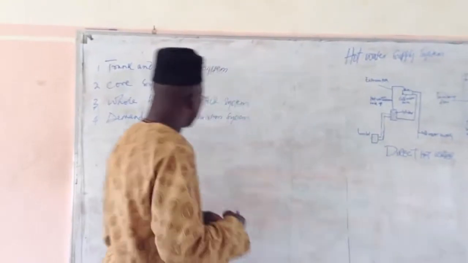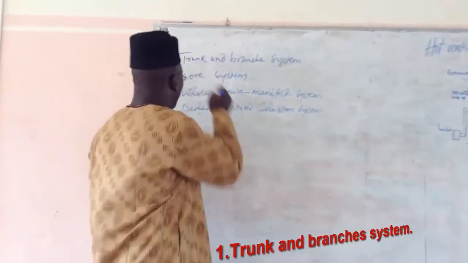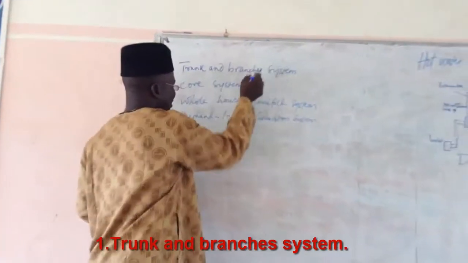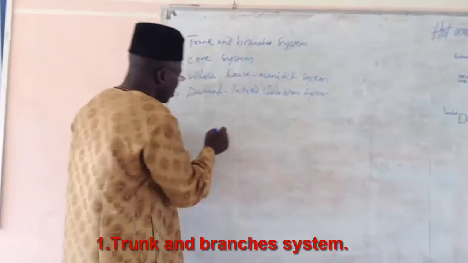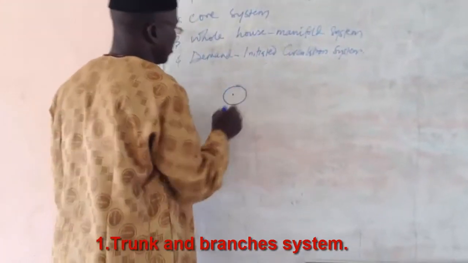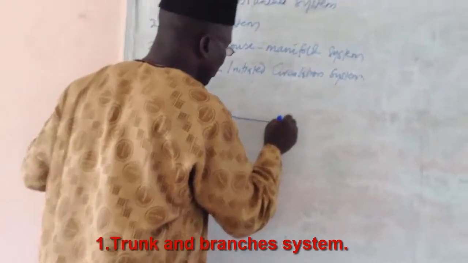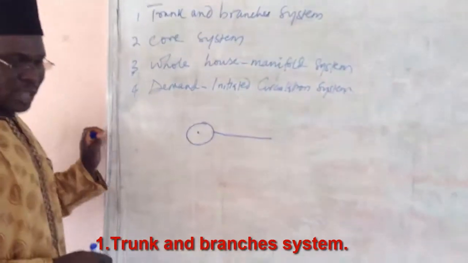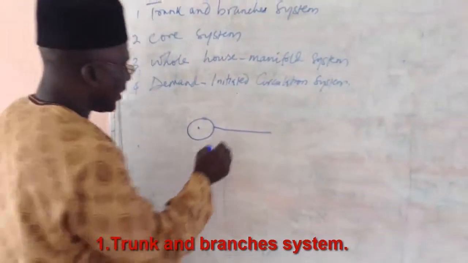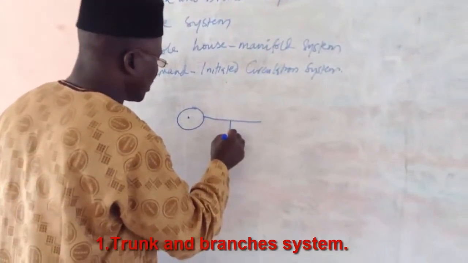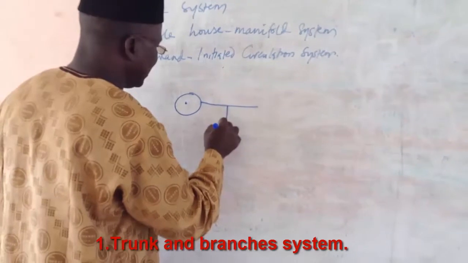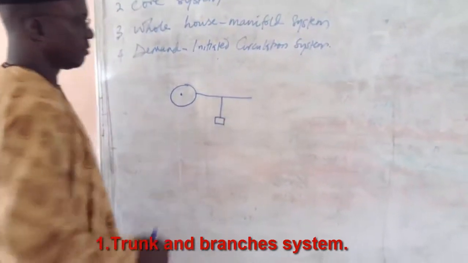One, the trunk and branches system. This is a water heater point. A pipe will be connected to it this way. When this pipe is connected, there's another trunk here supplying these fittings.